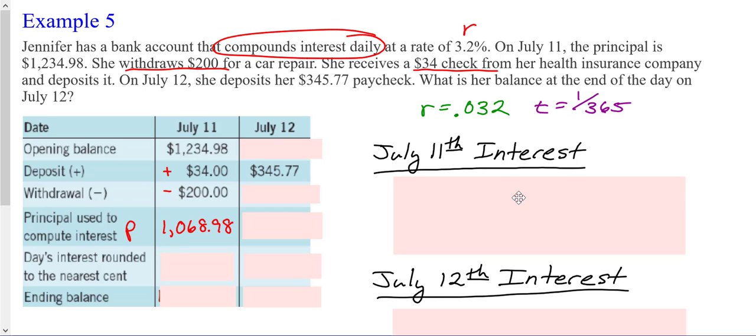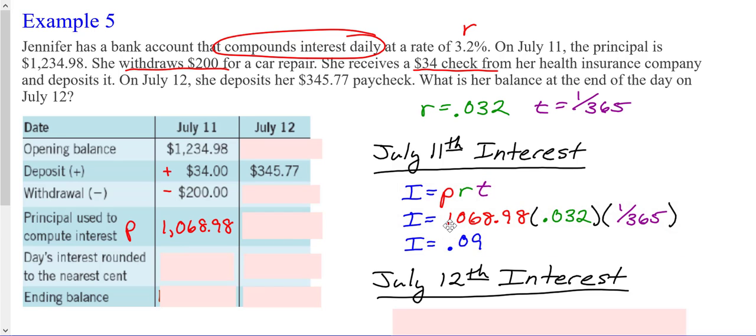So fill in our simple interest formula with our principal, our rate, and our time of 1 over 365. So our interest is 9 cents. So we're going to put that in there. And remember, interest is added to the principal and gives us an ending balance of $1,069.07.